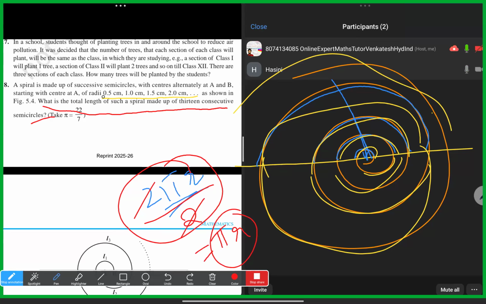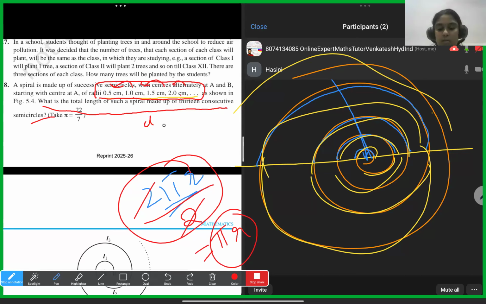The increase in the radius clearly follows an arithmetic progression. You can observe here 0.5, 1, 1.5, 2. They clearly follow an arithmetic progression. Any doubt, Hasni? No, sir. Because of that reason, for the radii we can apply arithmetic progression, but how to do the sum I'll explain, Hasni.